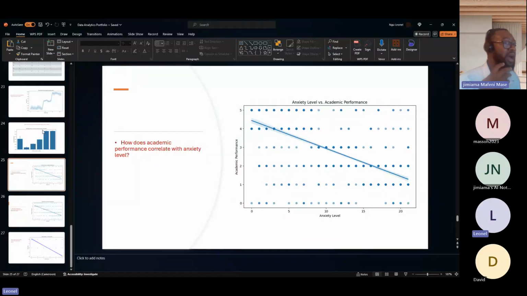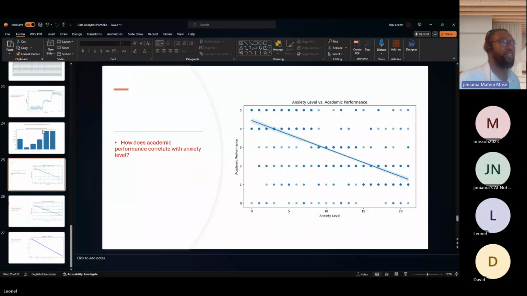So what I would advise you to do is remove that regression line from your plots, keep the plots, which show that you wanted to find if there was a relationship between academic performance and anxiety level. Keep that plot, but interpret what you have seen, right?